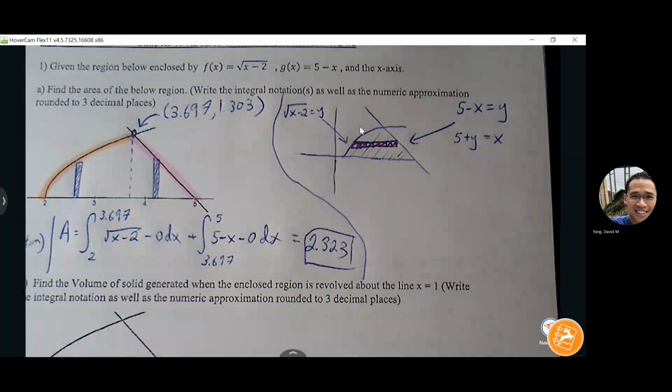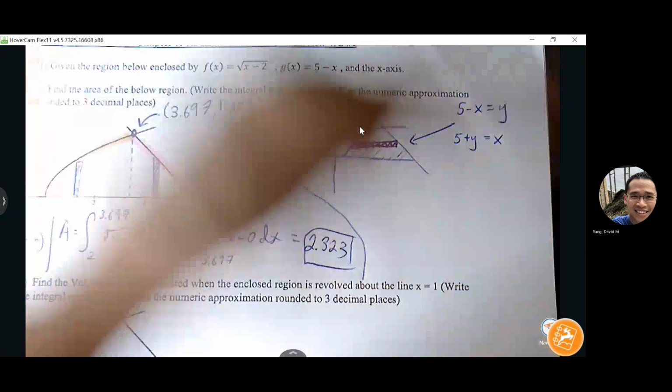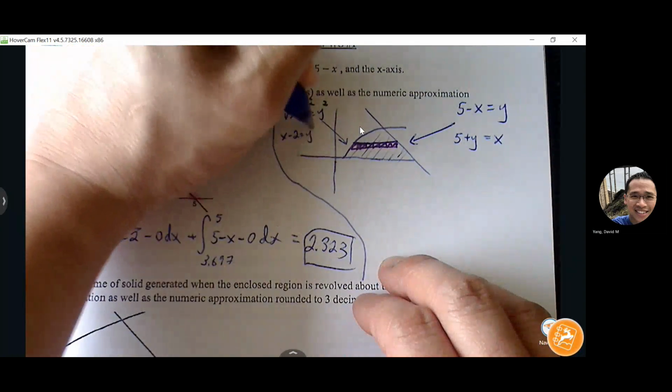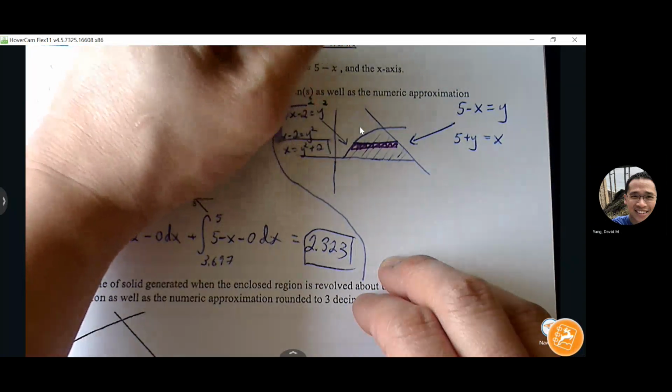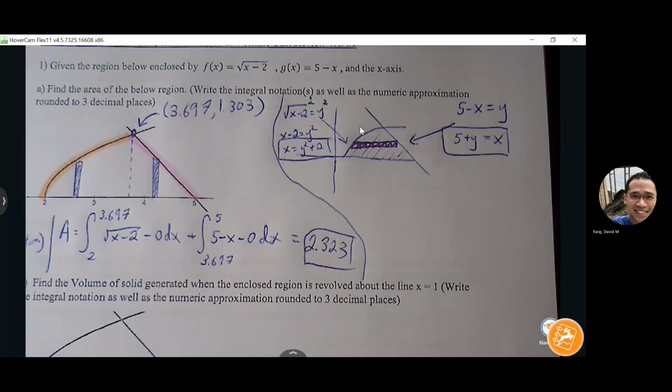Solve for x, so square both sides. And the bounds we have to adjust as well.